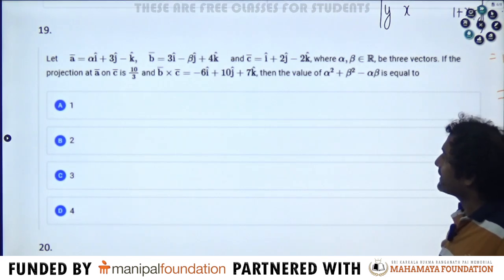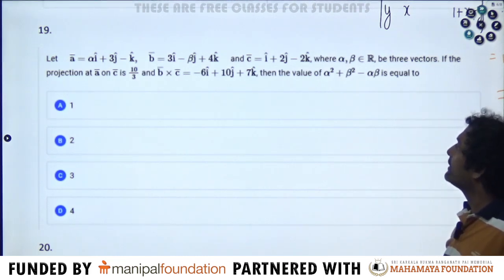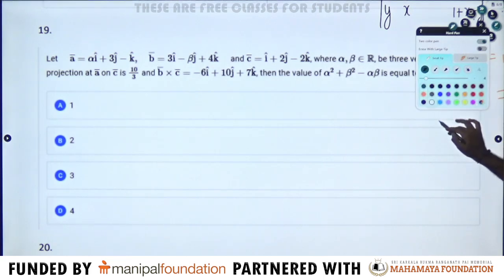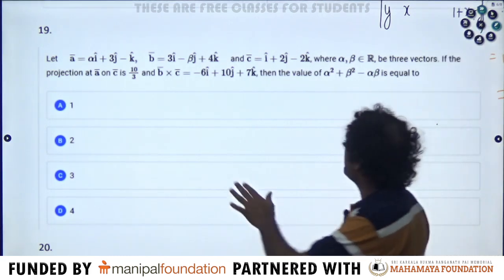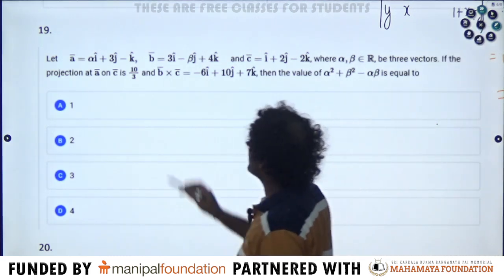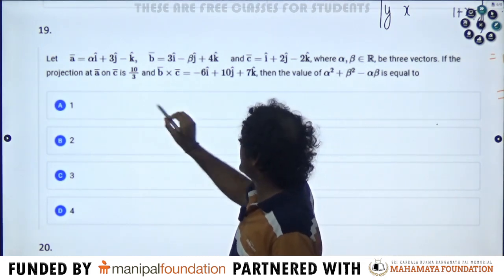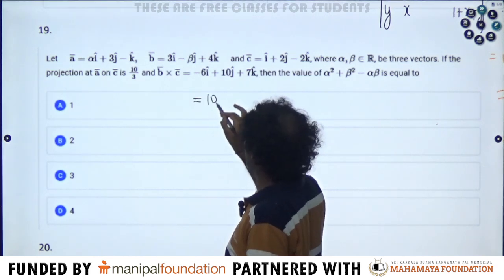If the projection of A on C is 10 by 3, use the projection of A on C formula, and B cross C is the value given. It is not a difficult task, right? I'll tell you if you haven't.